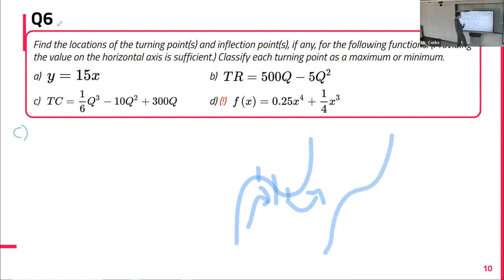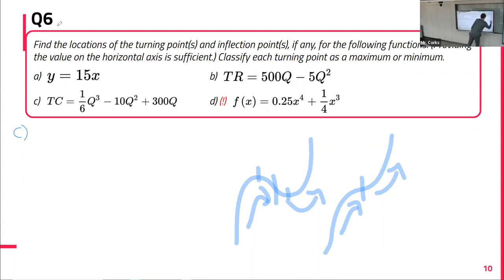With this situation, we have an inflection point here because we have curving down to curving up. Are there turning points? In this one, no, or at least no nearby turning points. There would have to be another inflection point before there could be a turning point.